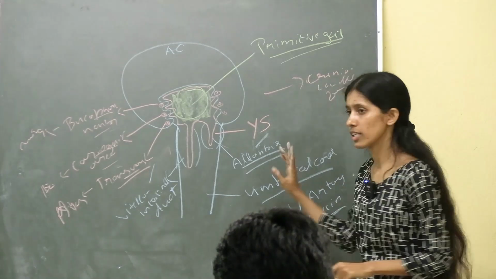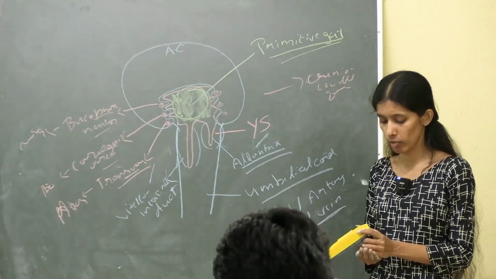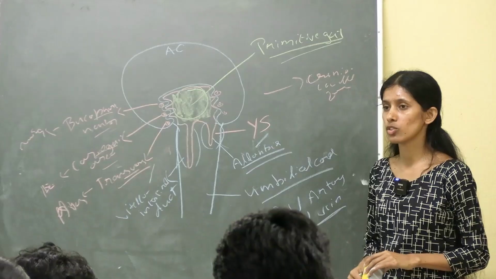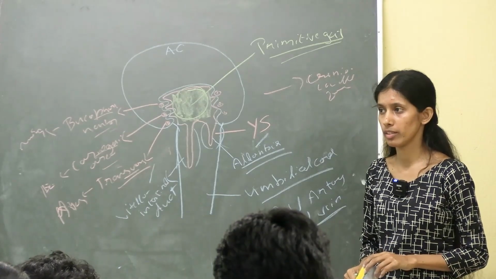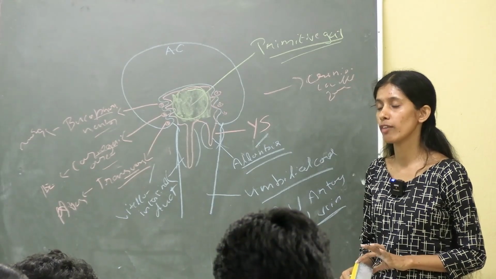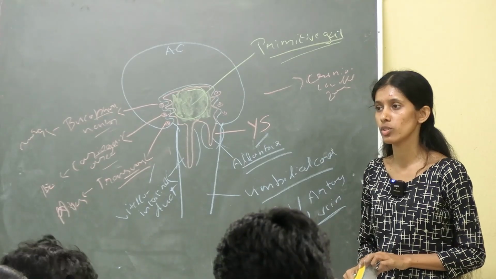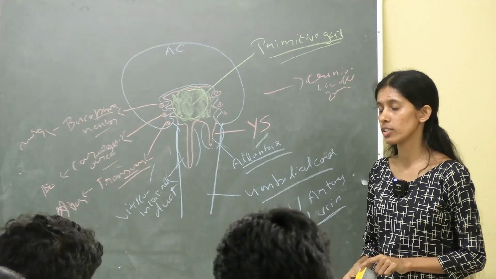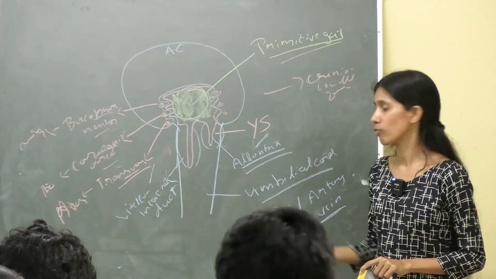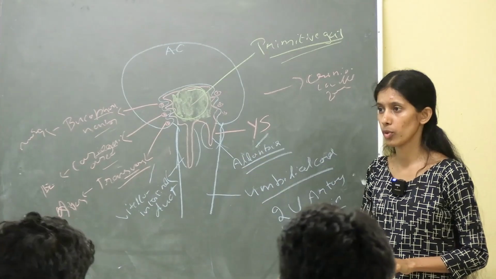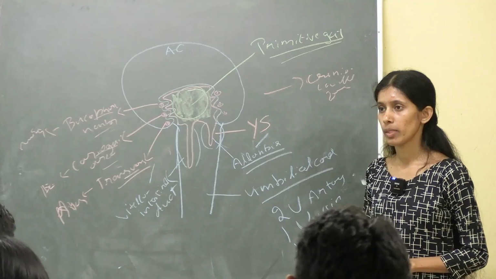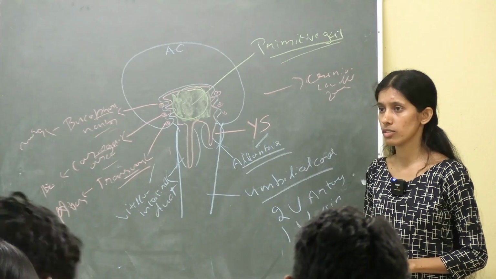On the caudal side, we have a structure similar to the buccopharyngeal membrane, called the cloacal membrane. Along with the cloacal membrane, we have two more important structures. What are those? Allantois, which is an elongation from your yolk sac only. Then we have the connecting stalk.